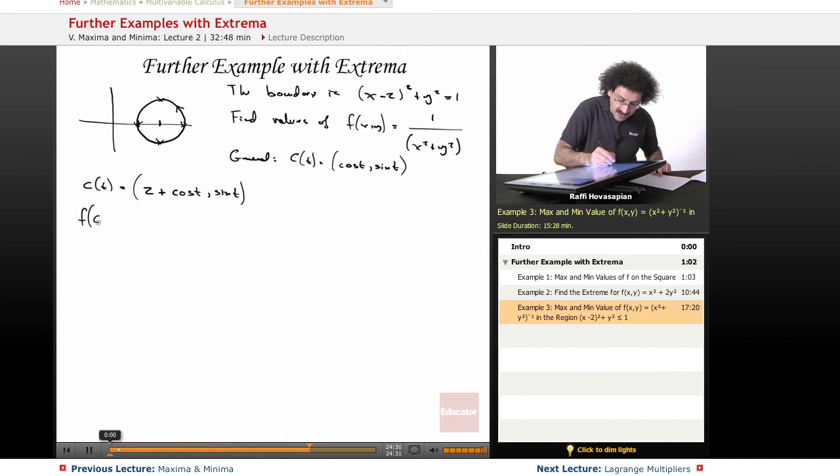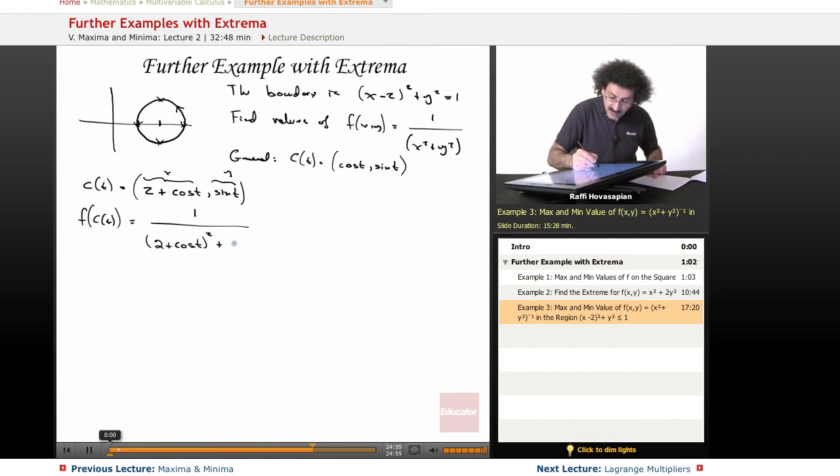So f of c of t is equal to, well, it's going to be 1 over x squared. Well, x is this. That's x. That's y. So it's going to be 2 plus the cosine of t squared plus sine of t squared. Okay, so now we're going to go ahead and actually multiply everything out.